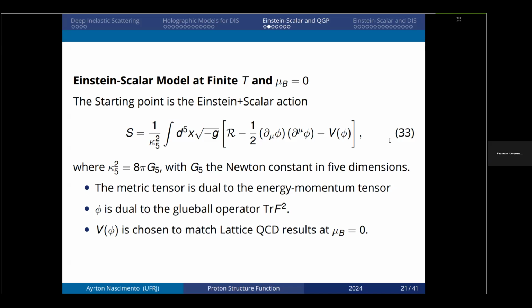This is the whole thing behind the correspondence. And you can describe a gauge theory in 4 dimensions using a gravity theory.